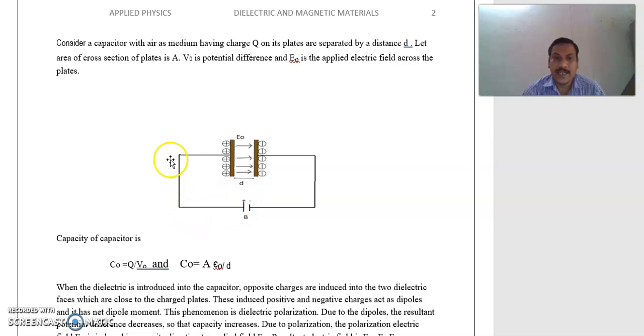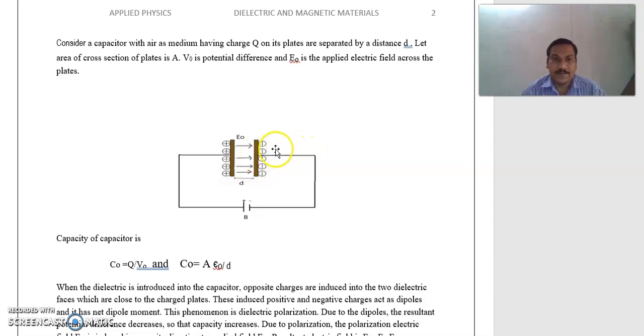The positive terminal is connected to one capacitor plate and the negative terminal of the battery to the other plate. Near the positive terminal, positive charge is induced on the capacitor plate; on the other side, near the negative terminal, negative charge is induced.